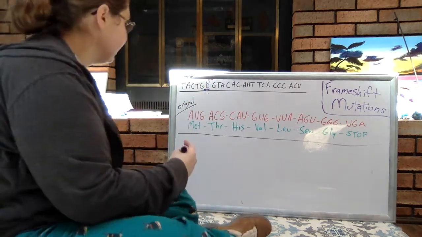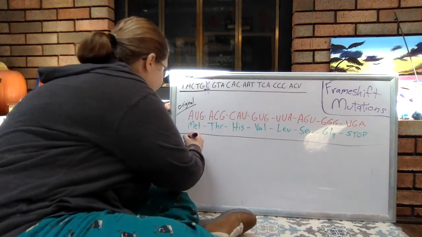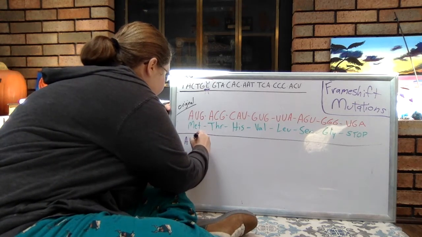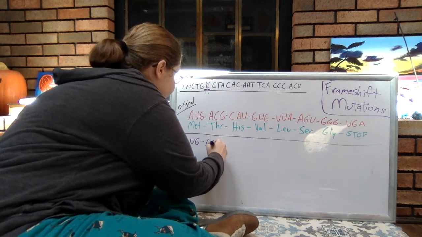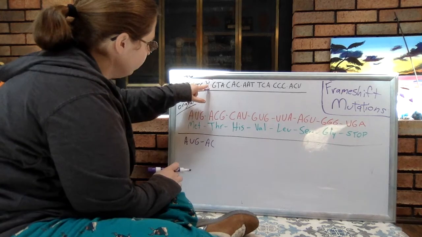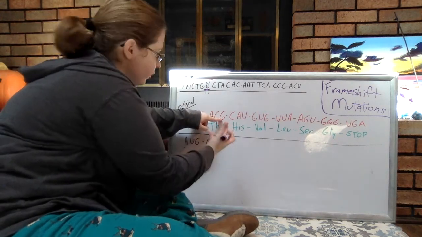So that means that the new mRNA is going to be AUG, AC. Well, we don't have that C, which means we don't have that G, so everything else is going to shift forward.